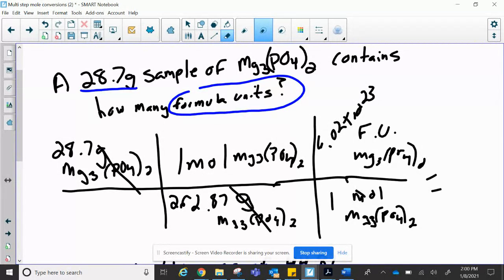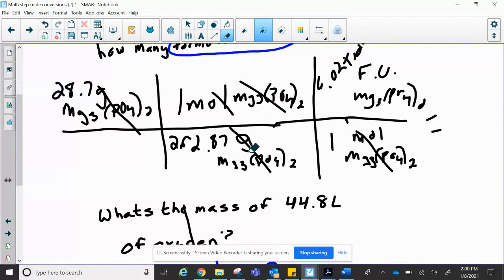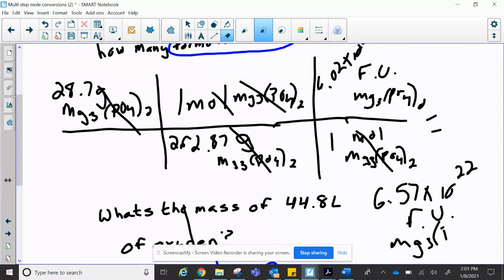So we've gotten rid of moles. We're in formula units, so it's time to do our math. So we're going to do our 28.7 times 6.02 E 23, divided by 262.87. And I get 6.57 times 10 to the 22nd formula units of Mg3(PO4)2.